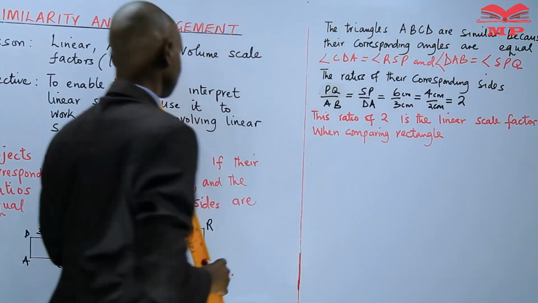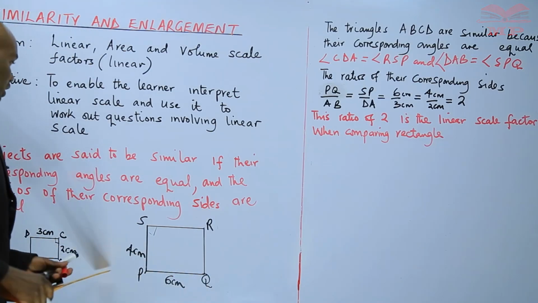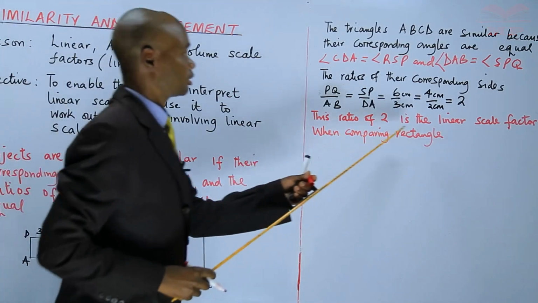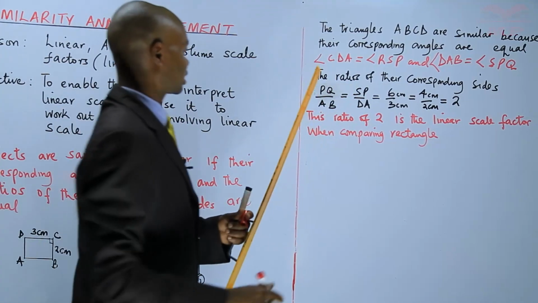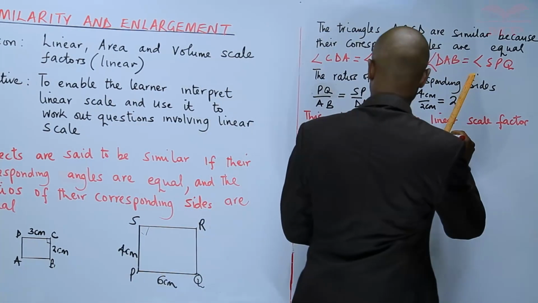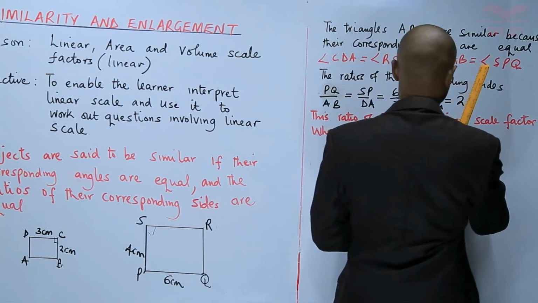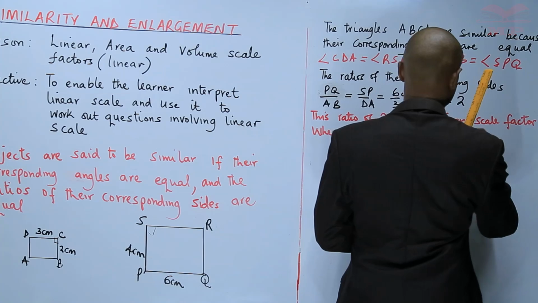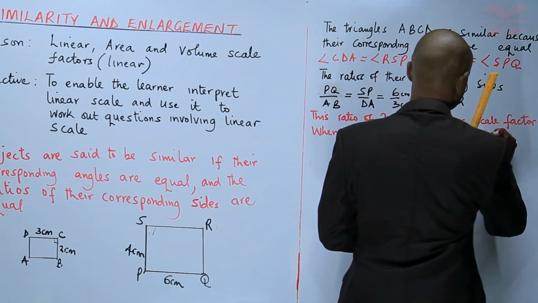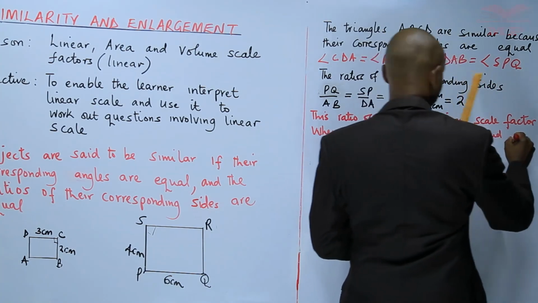Sorry, it's not a triangle as mentioned, it is a rectangle. So this ratio of 2 is the linear scale factor when comparing rectangle PQRS and ABCD.